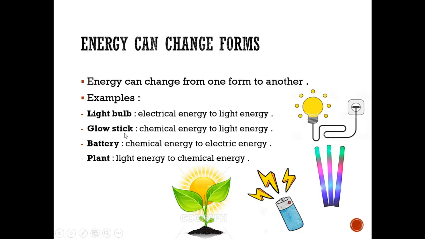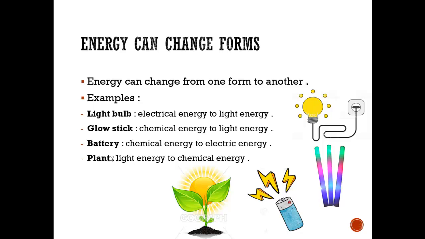And also the glow stick uses chemical energy that happens when a chemical change occurs in the tube of the glow stick when the chemicals inside the tube mix together. This chemical change, or chemical energy, produces light energy. And the battery also uses chemical energy to produce electrical energy.